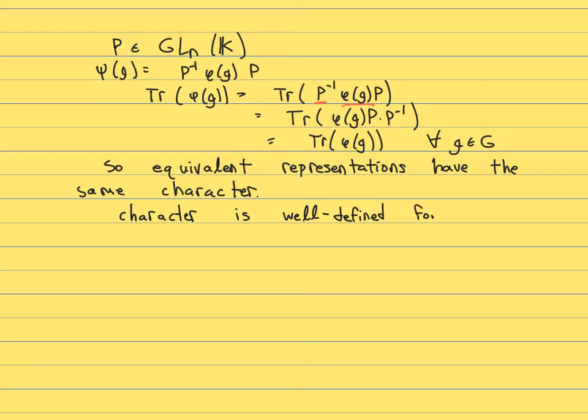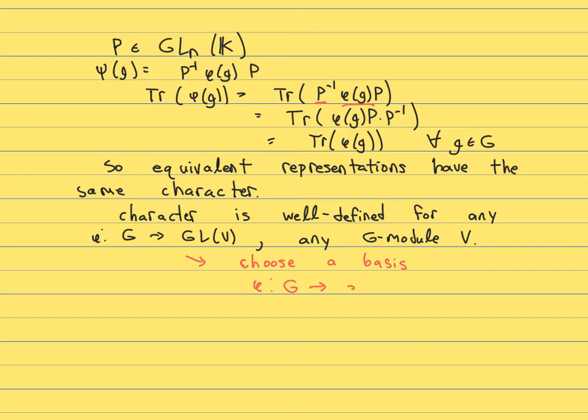For any representation or any G module. Note here, my point is that you haven't picked a basis yet, but what you have to do is choose a basis, then you actually get a representation as matrices, and then you get the associated character using the trace.